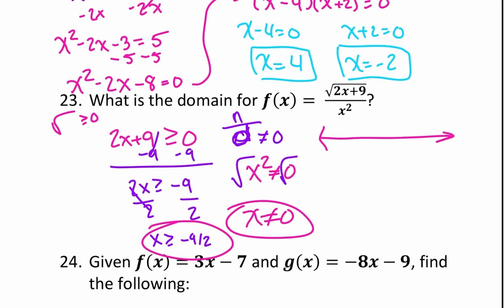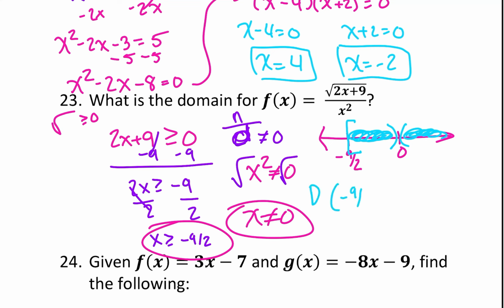So I'm going to do a little number line here. I'm going to put my 0 on there. I'm going to put my negative 9 halves on here. Well, since x is greater than negative 9 halves, I know it's going this way. And I'm putting a bracket because it can be equal to negative 9 halves. And when I get to that 0, I know that I'm not allowed to equal 0. So I'm going to put a parenthesis and a parenthesis, blocking 0 off and restarting it.